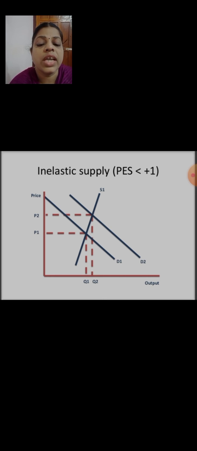Children, once again I'll explain how it becomes inelastic. It means the percentage change in the quantity supplied is less than the percentage change in the prices, and it is clearly depicted in this graph. We can see the changes that happen to the prices and the quantities: only a small gap between Q1 and Q2 and a little wider gap between P1 and P2.